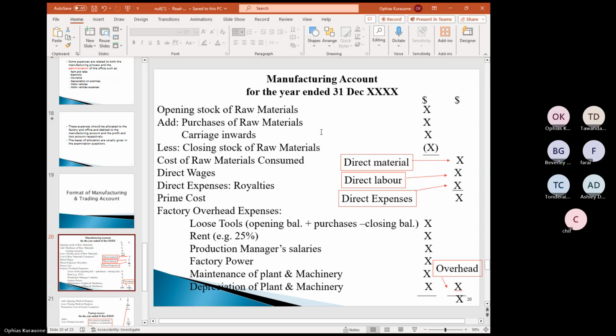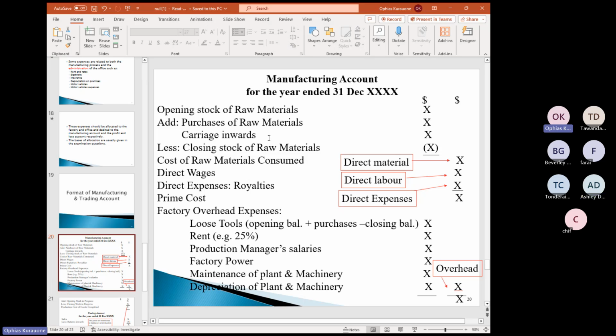Let's say your year ended 31 December 2022, which means this becomes the opening stock for the year 2023. Then you add the purchase of raw materials, and then you add carriage inwards.